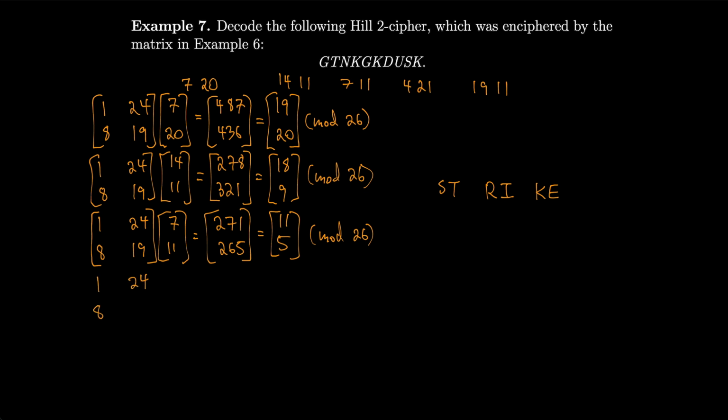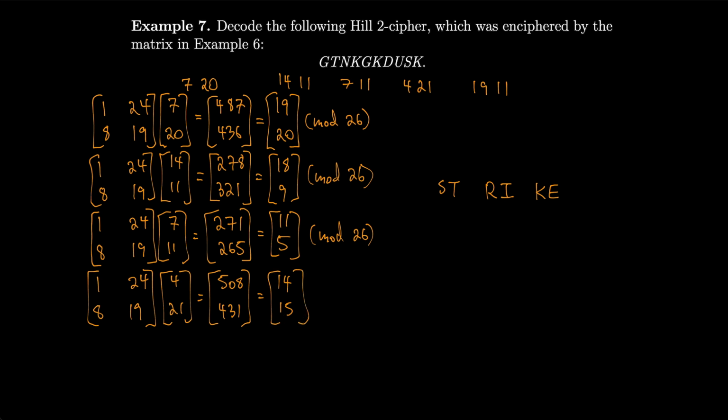[1, 24; 8, 19] times 4, 21 gives us 508, 431. Modulo 26, that's 14, 15.